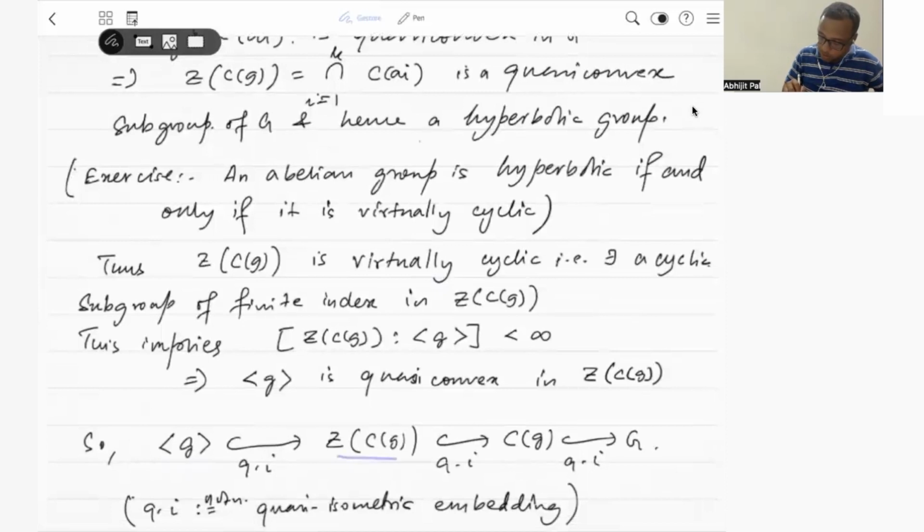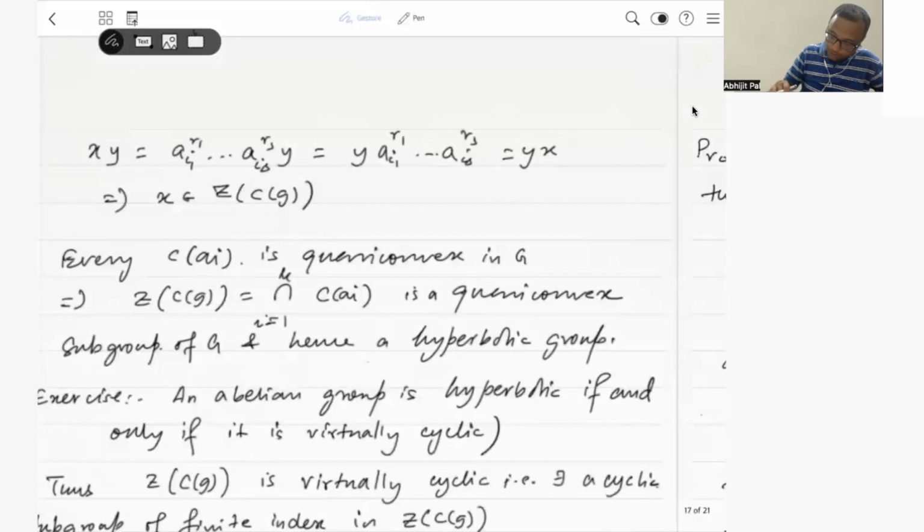Again, we have proved that the centralizer of an element is a quasi-convex subgroup, so this embedding will be a quasi-isometric embedding. Therefore, what we have proved is that this infinite cyclic subgroup is quasi-isometrically embedded in the hyperbolic group G.